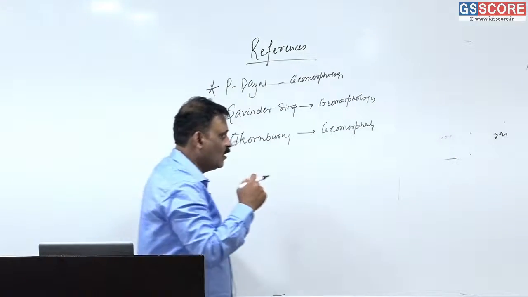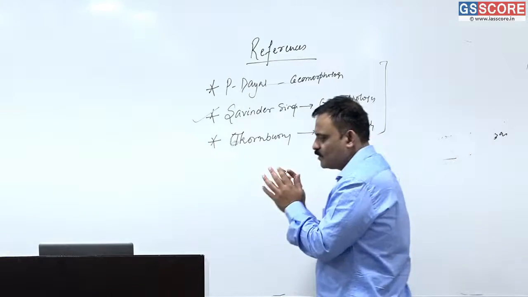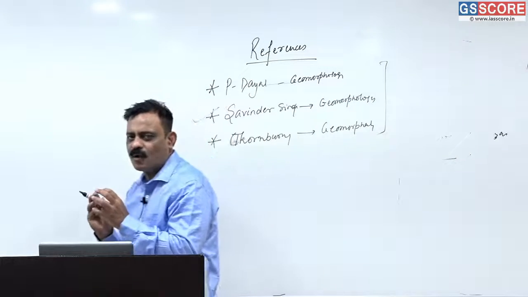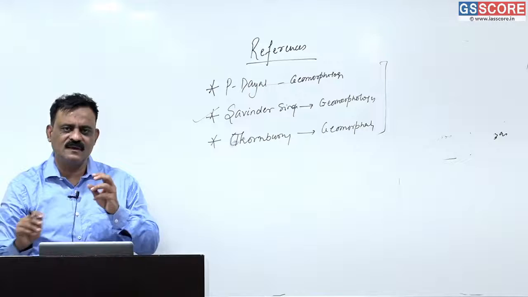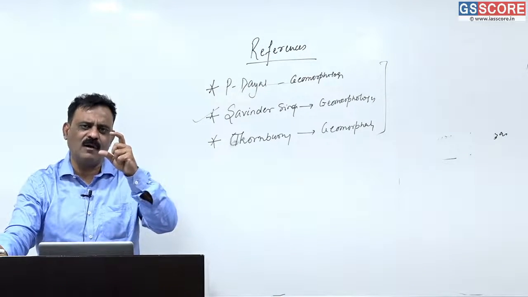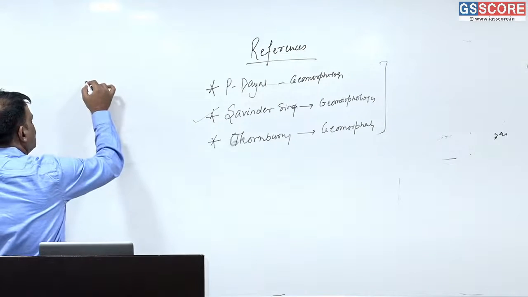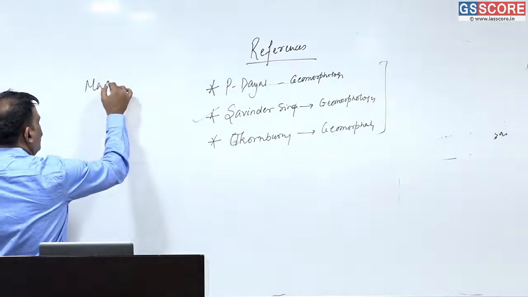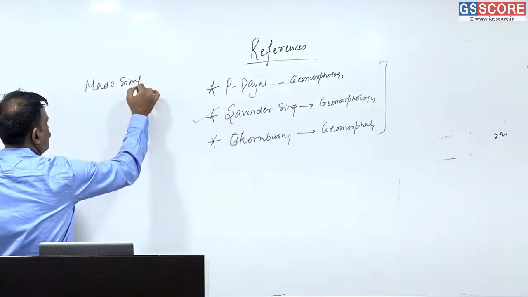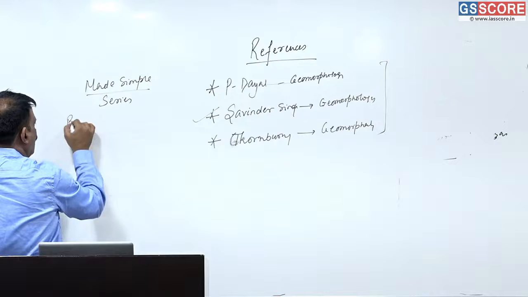Okay, and along with that you can also add, suppose for example if you want to prepare any topic of your syllabus in a very crispy manner, in the form of short notes, then you can use a book, the Made Simple, Rupa Made Simple series, from Rupa.